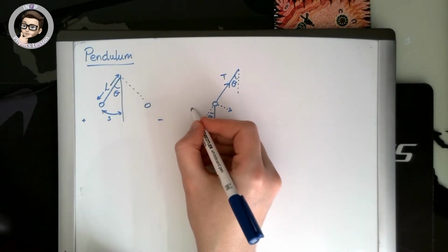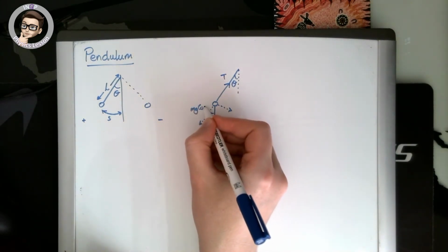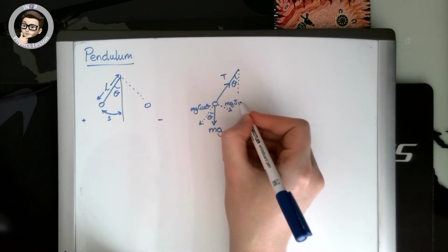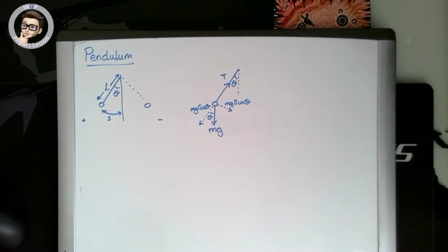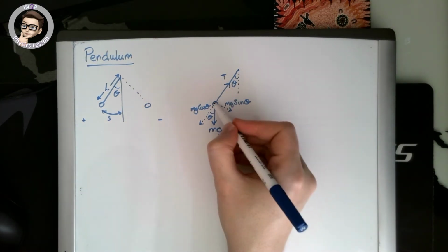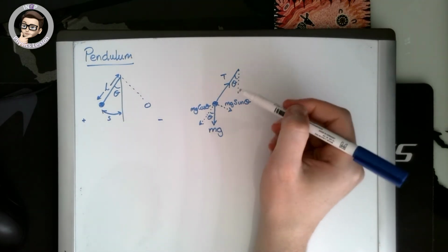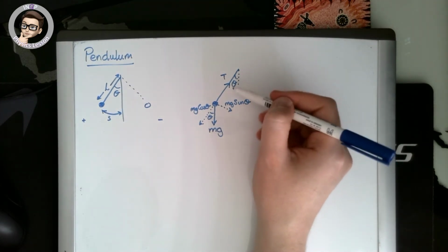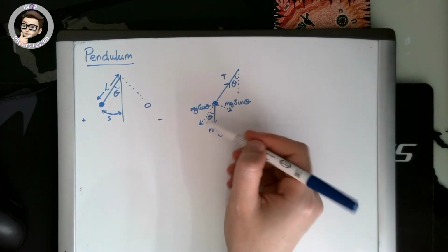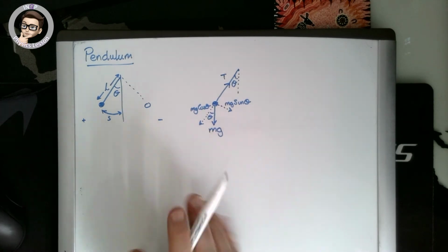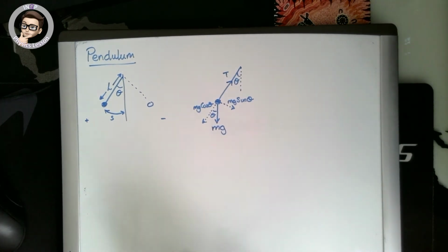So this will be mg cosine theta, and this will be mg sine theta. So those are the forces acting on our pendulum bob. That allows us to see quite straightforwardly that we have tension acting in one direction and mg cosine theta acting in the opposite direction. And we can see what's going on.